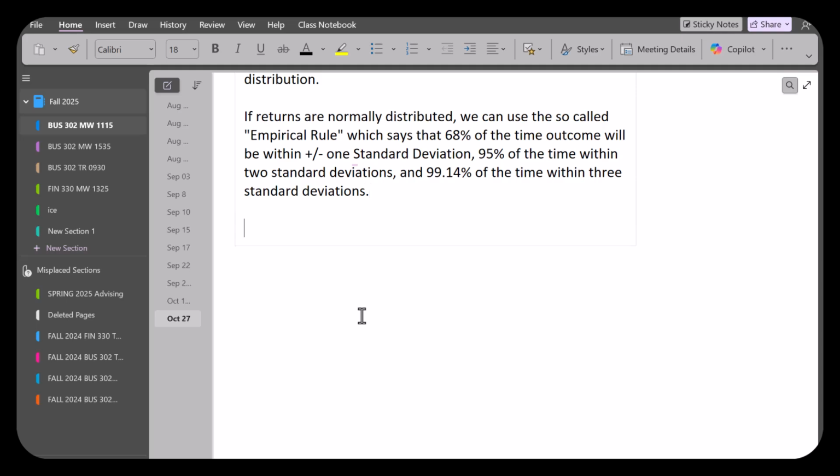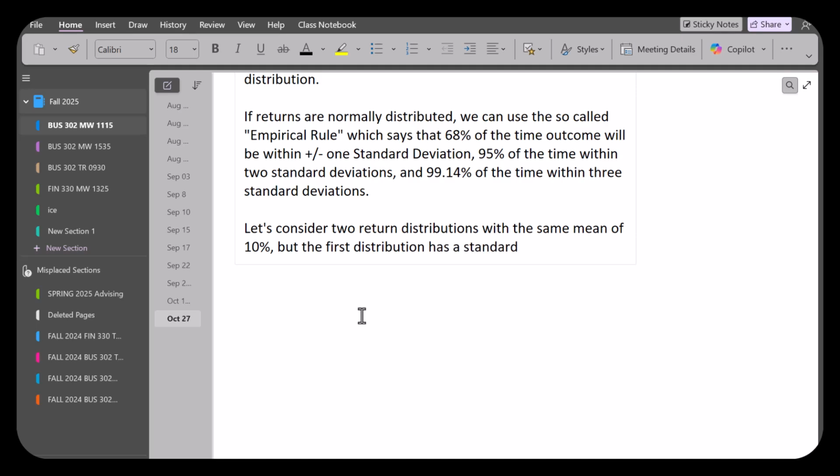Now let's consider two return distributions. With the same mean of, let's say, 10%, but the first distribution has a standard deviation of 10%, and the second distribution has a standard deviation of 15%.